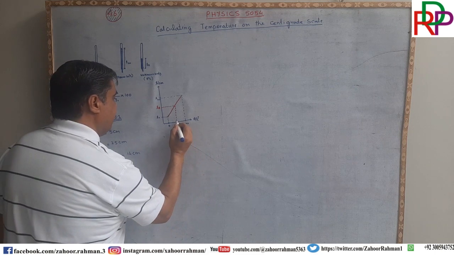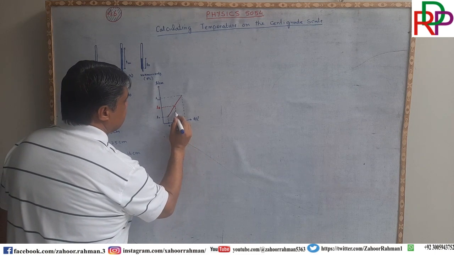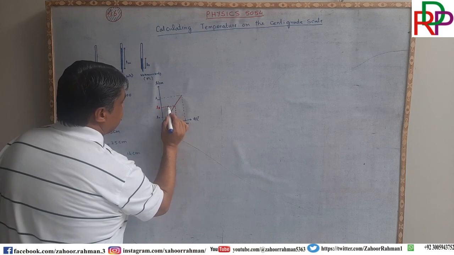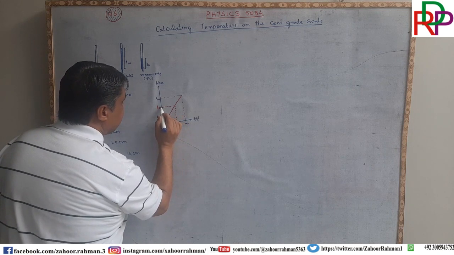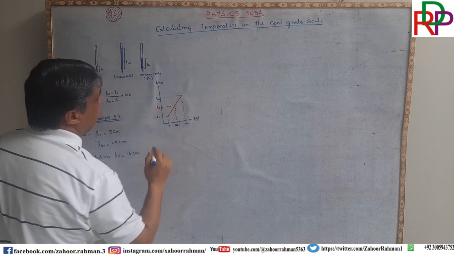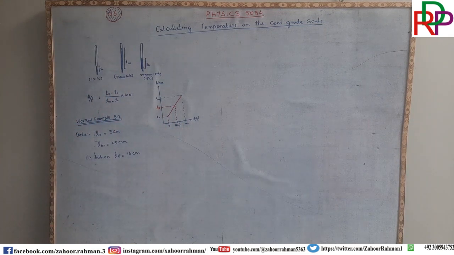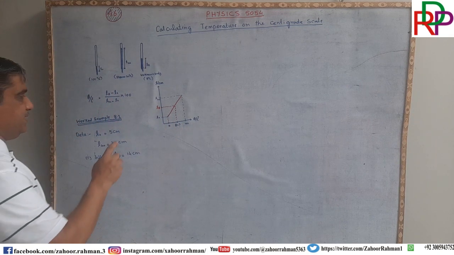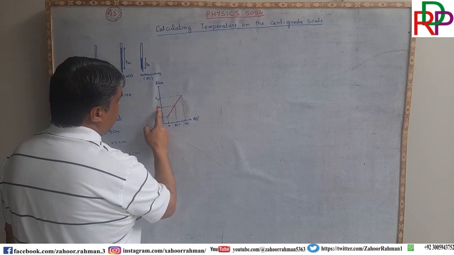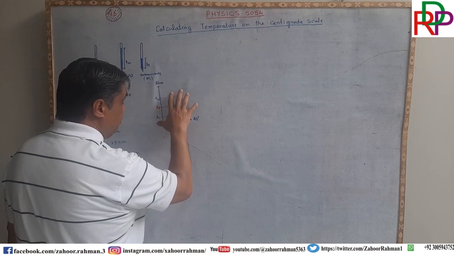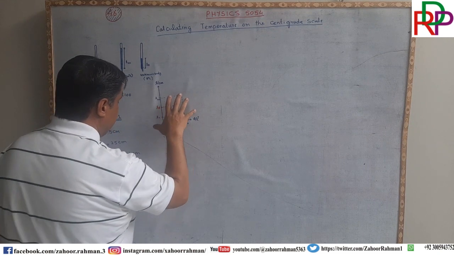So we have to connect this point and this point, and whatever value is existing here, that will be the temperature of that body through graphical method.